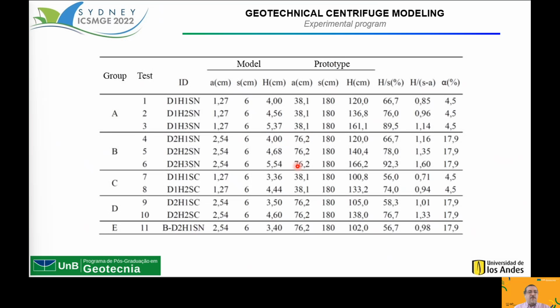This is the experimental program. The main parameter we changed was the diameter of the inclusion. We used inclusions of 38 and 76 centimeters. The spacing was constant, and the height of the compacted soil was from approximately 1 meter to 1.7 meters.